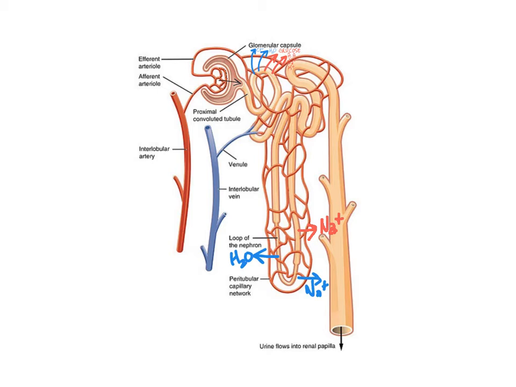One of those other ions that passively diffuses out, or gets attracted along with it, is chloride ions. Because the chloride ion is negative, and the sodium that's actively getting pumped out is positive, chloride gets attracted to this movement and follows passively out of the nephron, just through attraction to this positive ion.